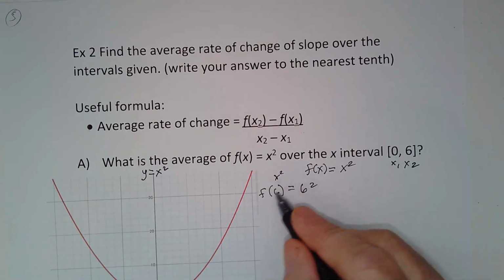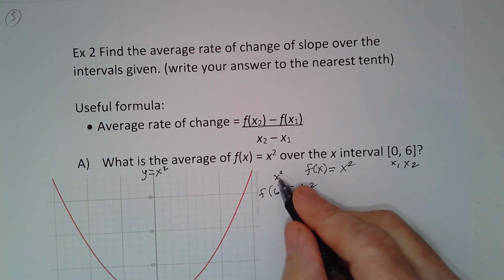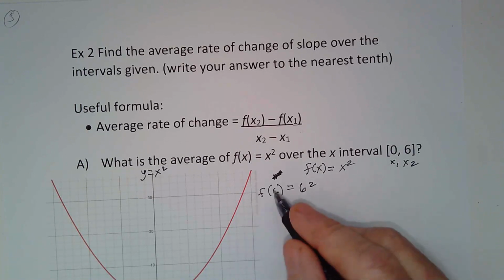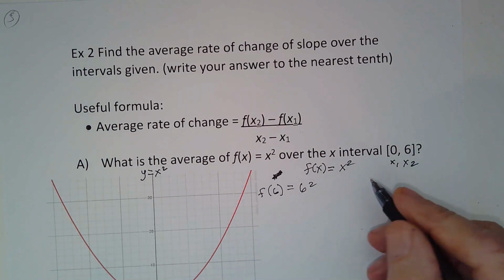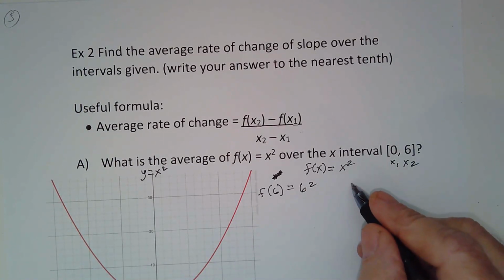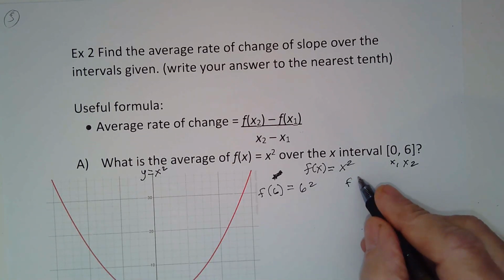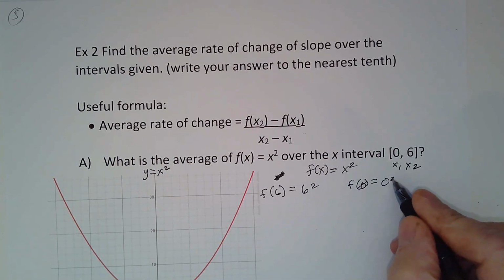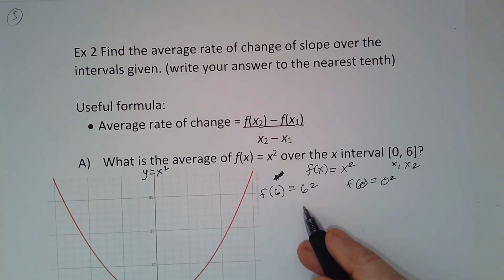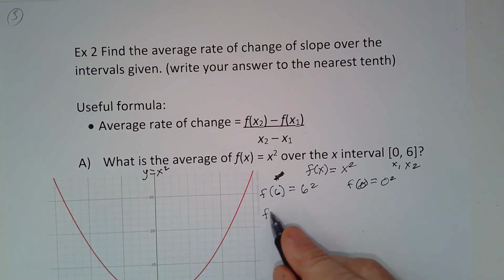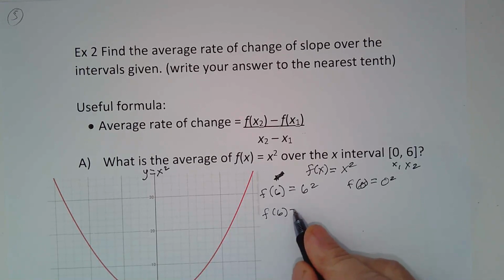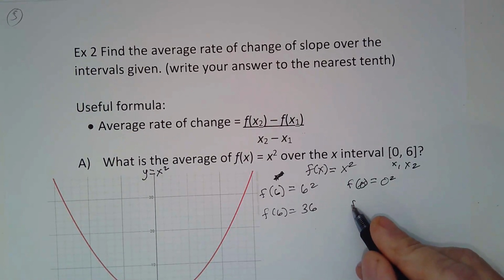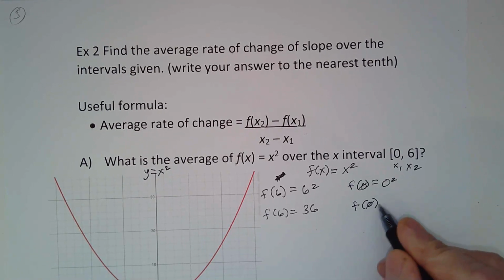Although this is f of x2, which would make it the output. So don't think of it as anything more than the output. But the output for x2, and then the other output is f of 0, and that equals 0 squared. Okay, so f of 6 is 6 squared, which is 36. f of 0 is 0.